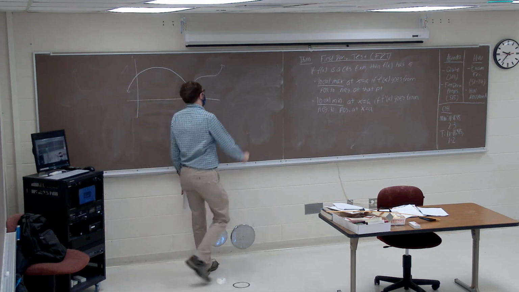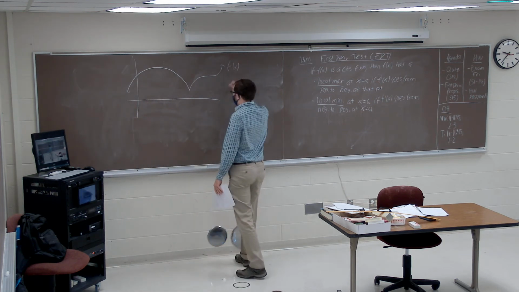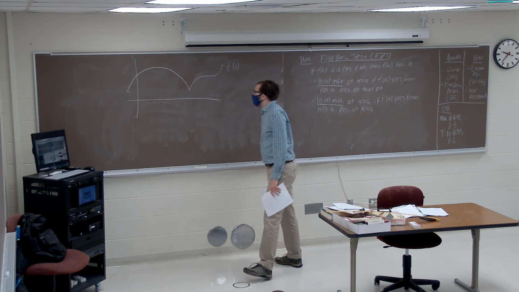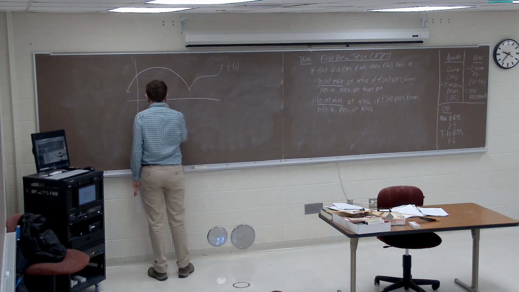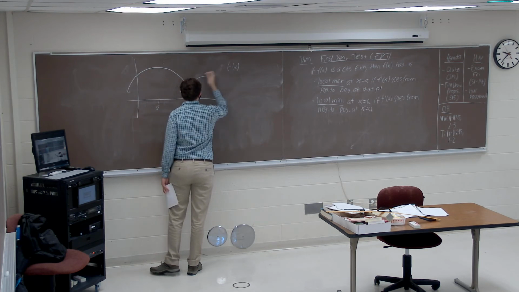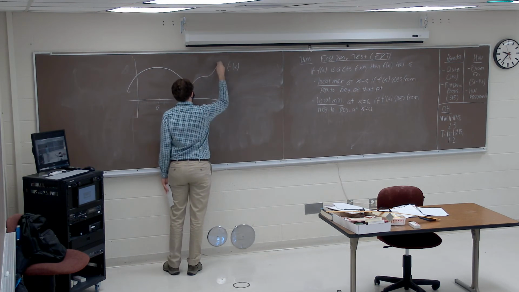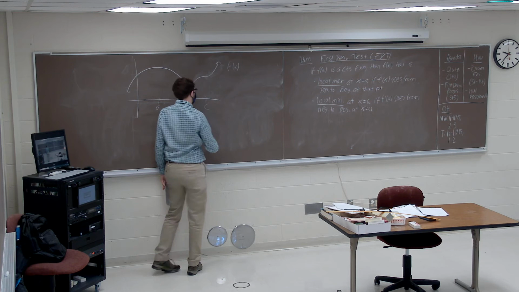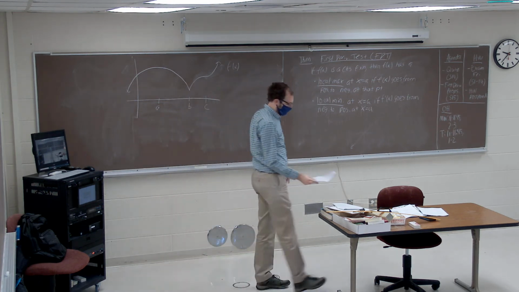So this will be a function, call it f of x. And I'm going to label 3 specific points on the function where something interesting is happening. A, B, and C.